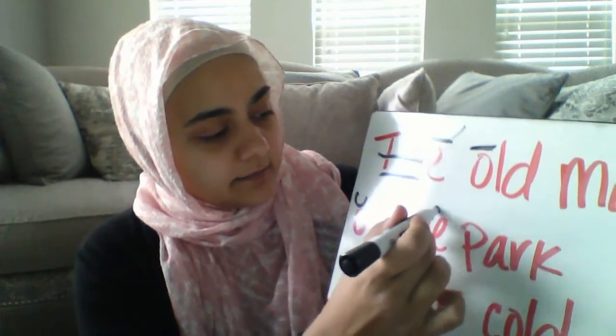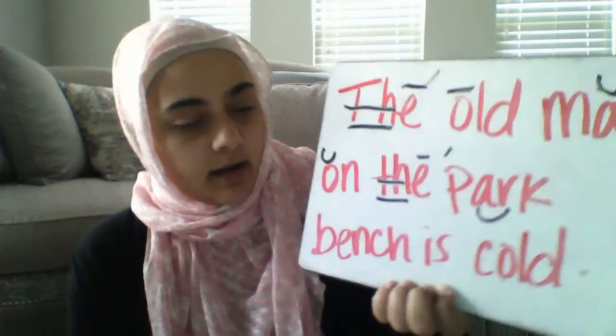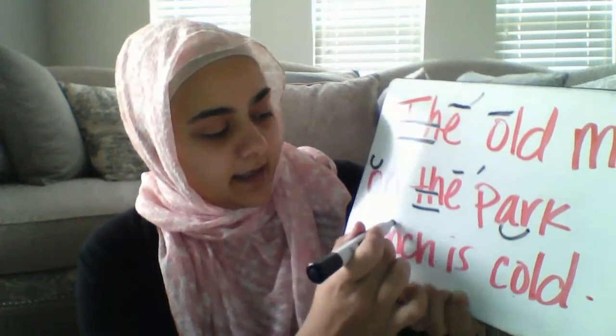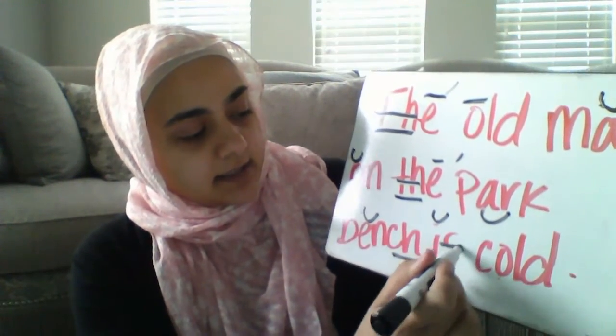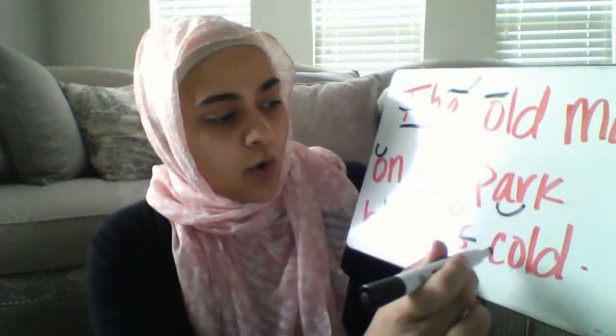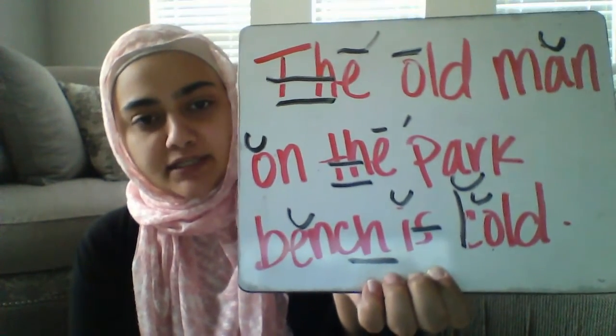The arc, combination AR. Bench, digraph CH. Is, Z, cold. The old man on the park bench is cold. Okay, that's just a review of some of the things that we've already learned.